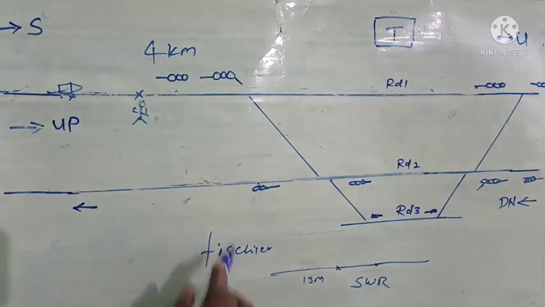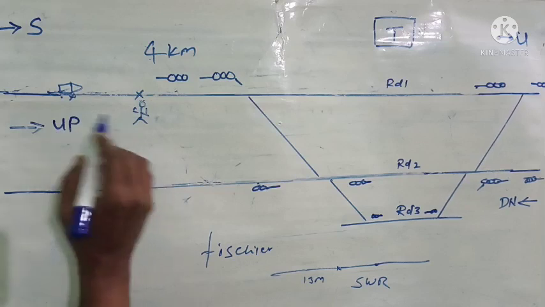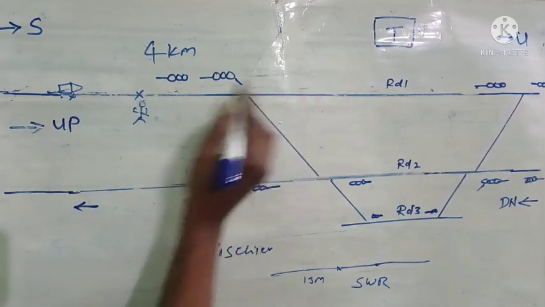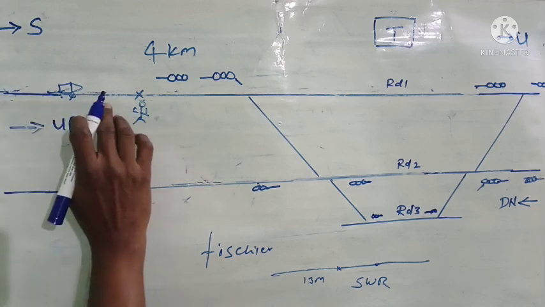Now when such a continuous welded rail is there, how will this gap be given? That is, for expansion of the rail, a gap should be given. For such expansion, at the end of the station, see, here station T, from the station S the track is continuously welded.